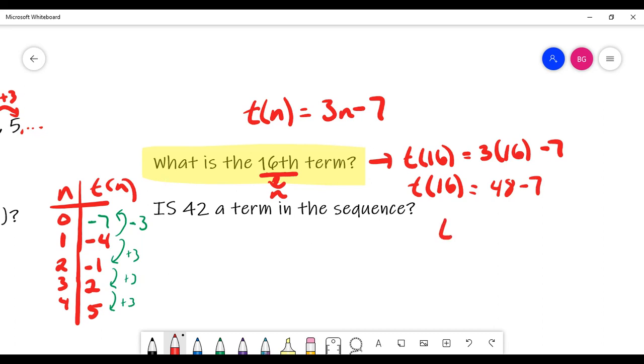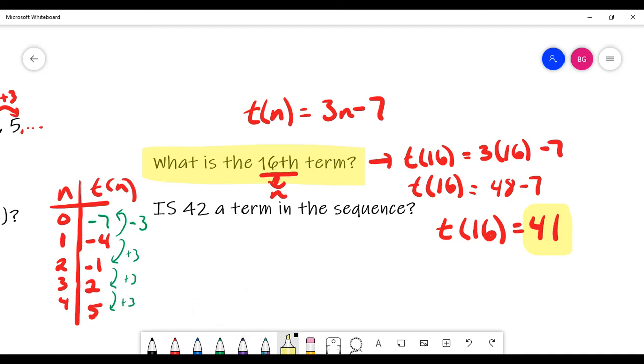We're then going to have t of 16 equals 41. So our term is 41. That's what is in the 16th spot, or when our n is 16. So what is the 16th term? Well, that's 41. I just left it in function notation here to tell us that. The term number was 16, and the term was 41.